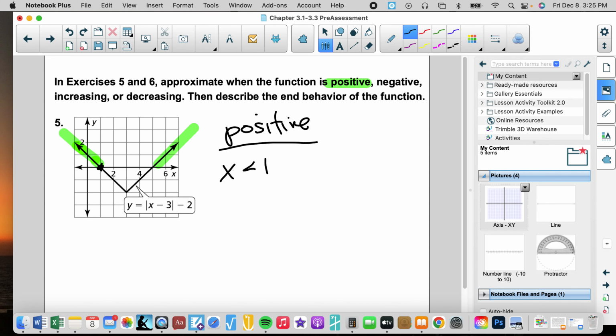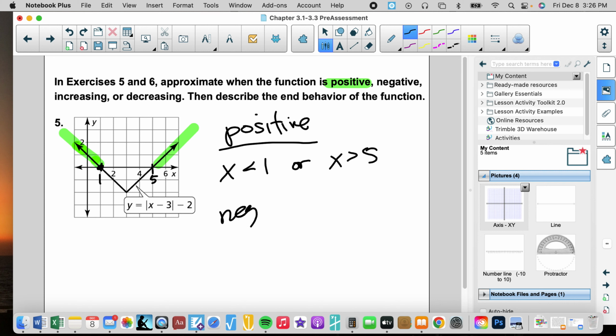And because there are two wings, I also need x greater than 5, because that's my input. 5 on my x is when it gets above, and 1 on my x is when it goes above in the other direction. That would be my positive answer.